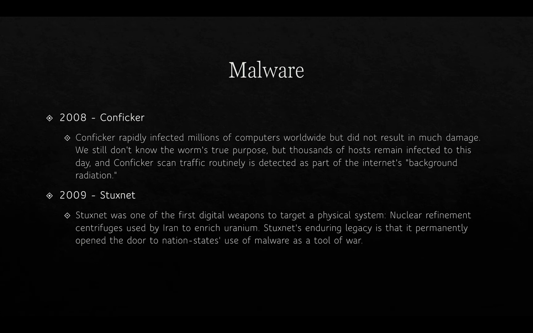And this really started the whole process of understanding the levels of sophistication that nation states could reach. In this particular case, the attribution was thought to be the US and Israel, mainly because of the sophistication of the attack, but also the target itself being Iran and trying to stop their ability to process uranium.